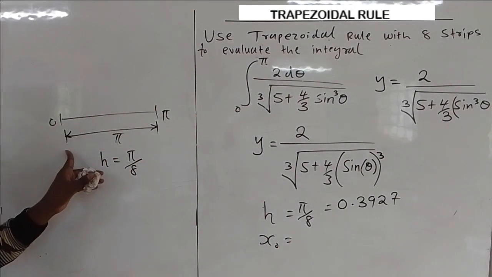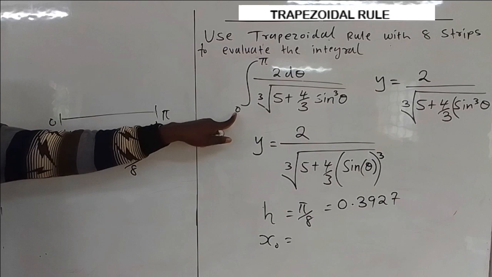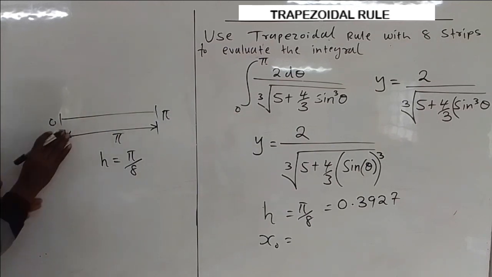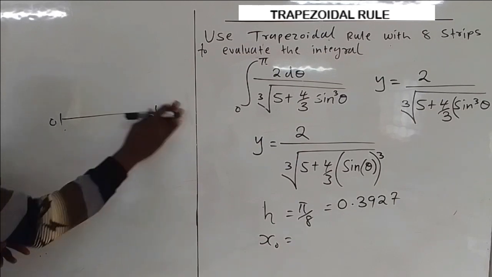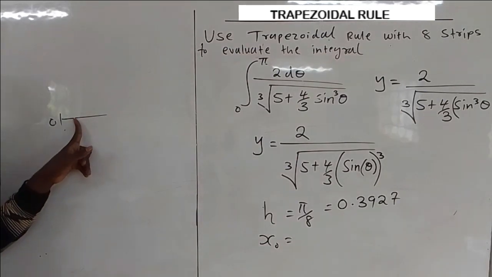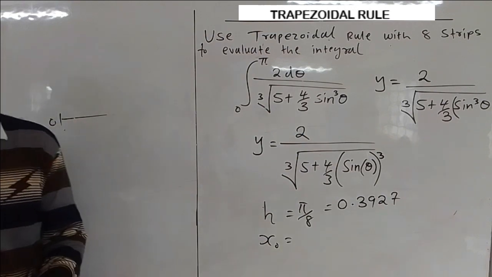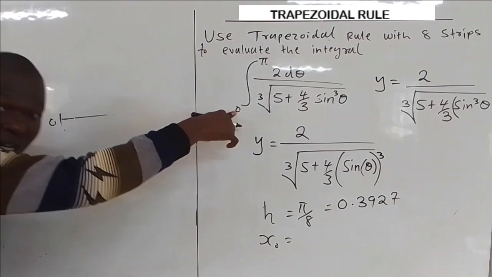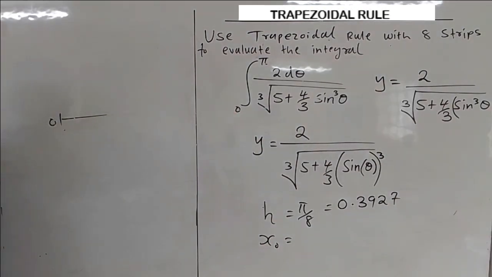After finding h, we need to get x naught, where the first interval is going to start, isn't it? In trapezoidal rule, it is starting exactly at that first interval, at this 0, isn't it? It is only in mid-ordinate rule where it starts with the ordinate in the middle. See there? Yes. Only in mid-ordinate rule is where the ordinate is in the middle. The rest, it starts where the interval is starting, 0, isn't it? Yes. Meaning automatically your x naught is 0. It starts exactly at that point.